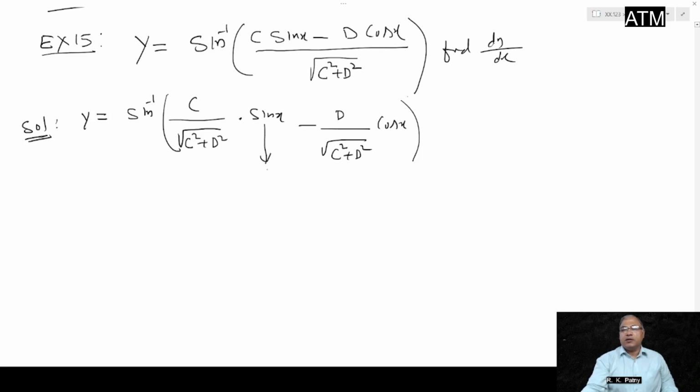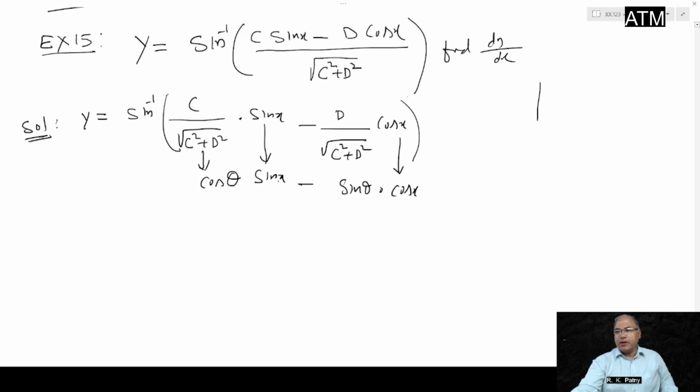And here is sin x, so it has to be cos theta: sin x cos theta, minus, it is cos x, so this has to be sin theta.